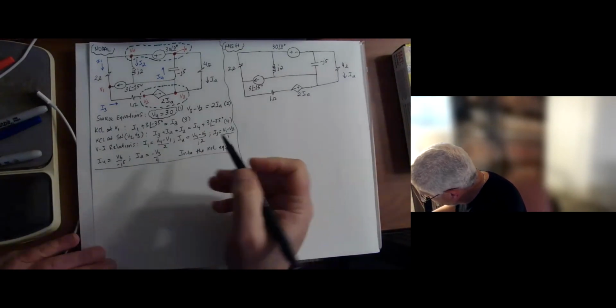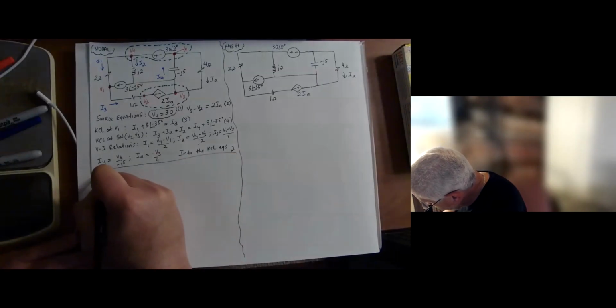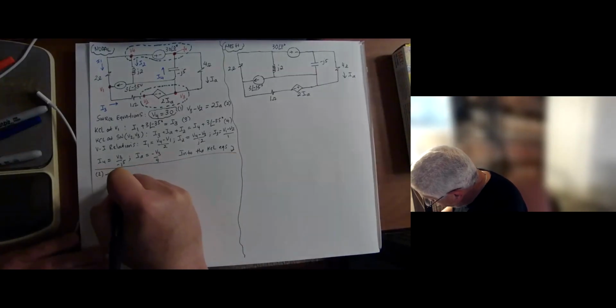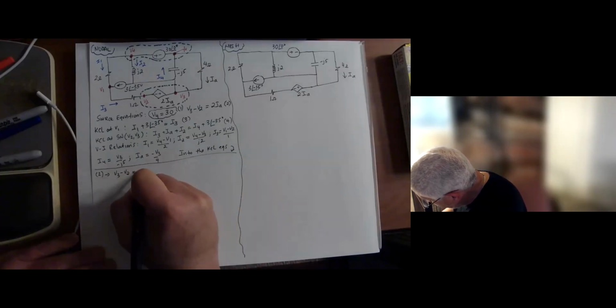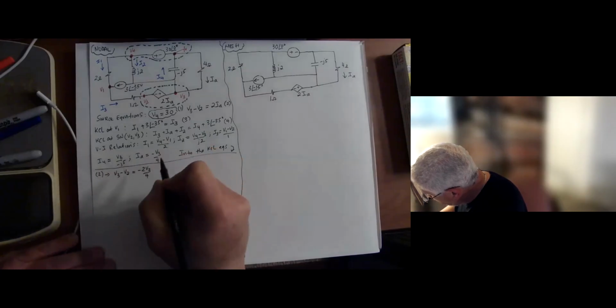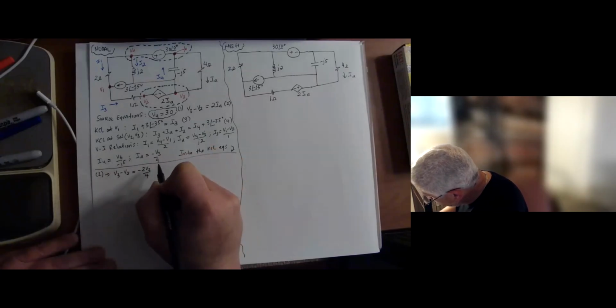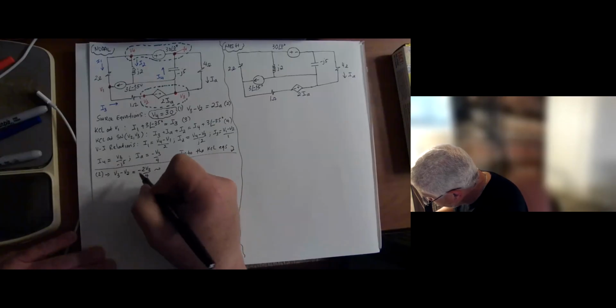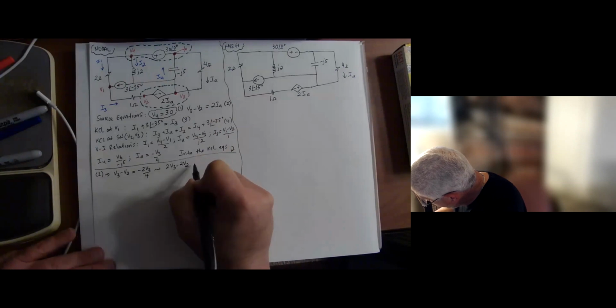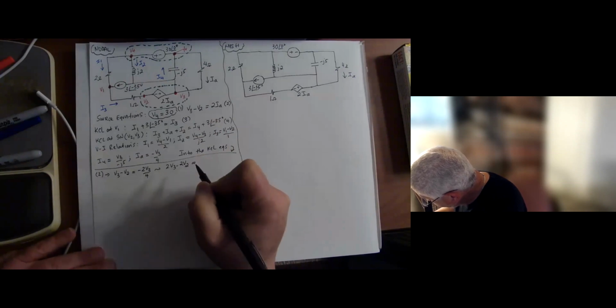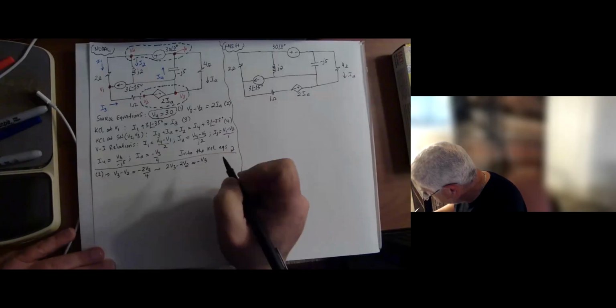So what do we have here? Let's look at equation 2. V3 minus V2 equals 2IA, which equals minus 2V3 over 4. I can multiply by 2, so it is 2V3 minus 2V2 equals minus V3.